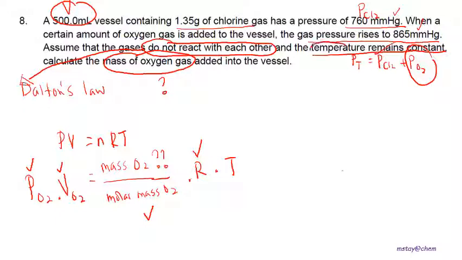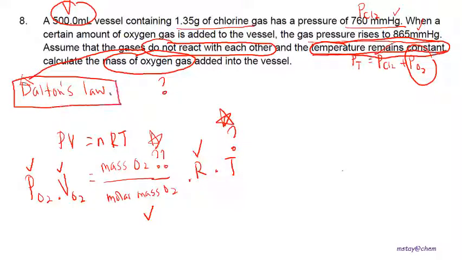The question only mentioned that the temperature remains constant, but they didn't let us know the value of the temperature. So we are not able to use the ideal gas equation to solve this question, because in one formula there are two unknowns.